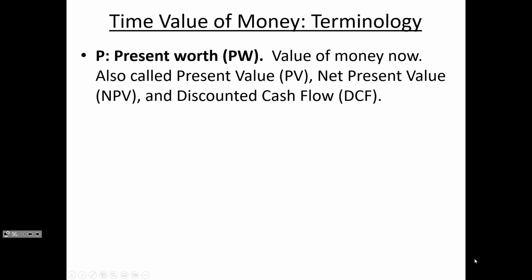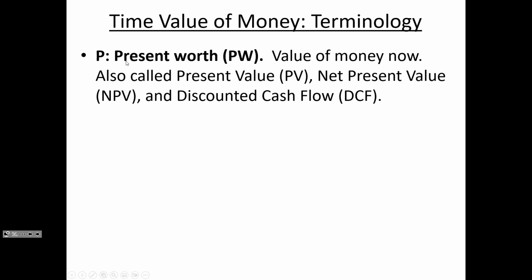All right, so P is sometimes called the present worth, and a present worth is where we're taking money from the future and finding the present equivalent of that amount by taking into account the time value of money. Today is our 3rd class, and each of the 3 classes I've used the phrase time value of money.